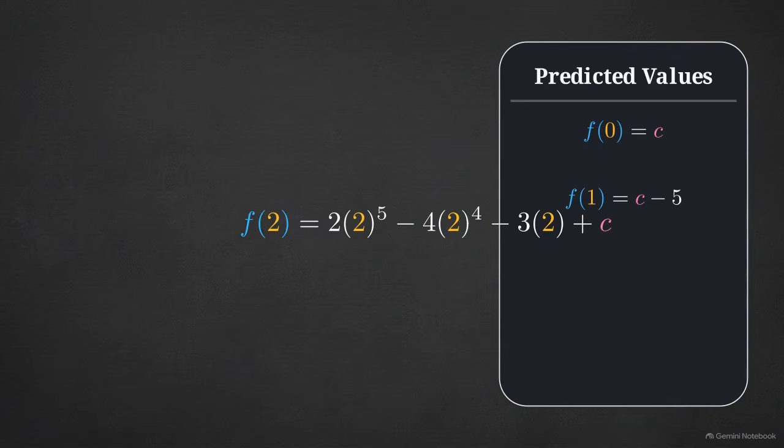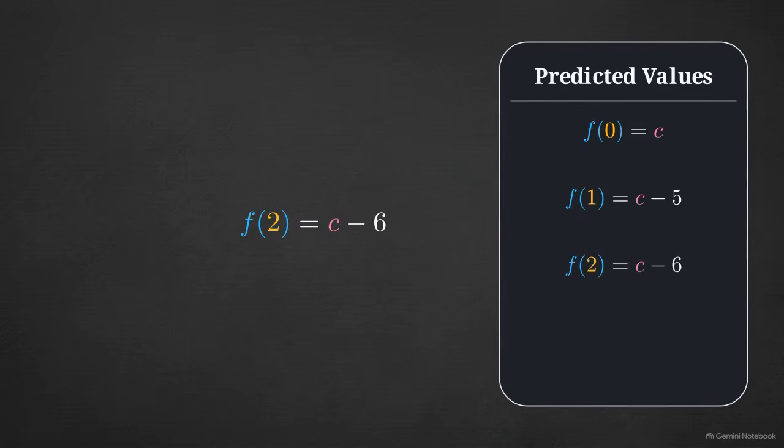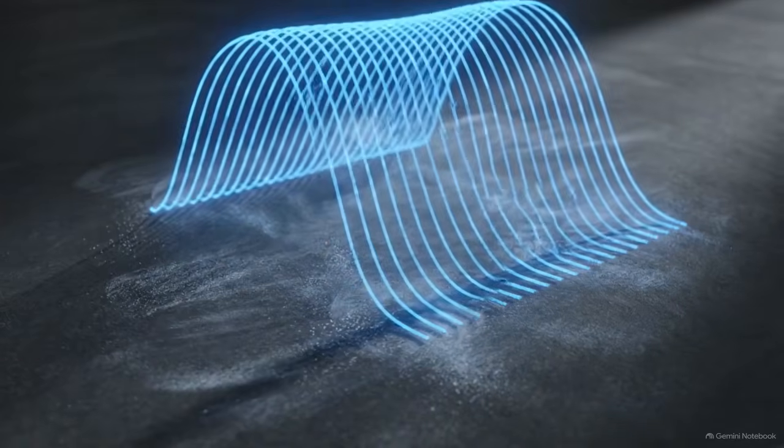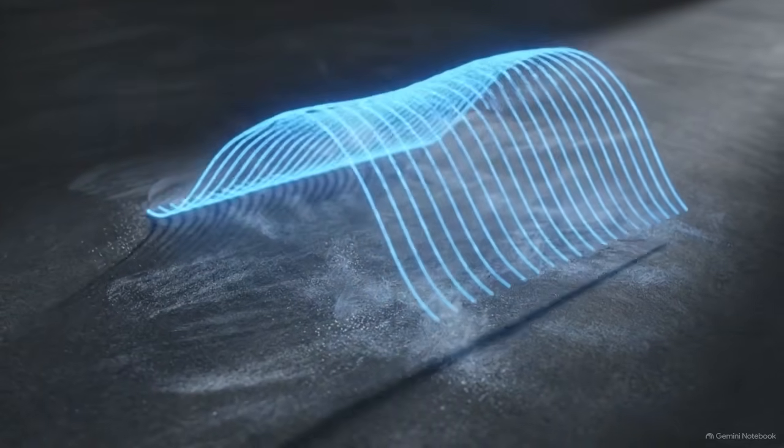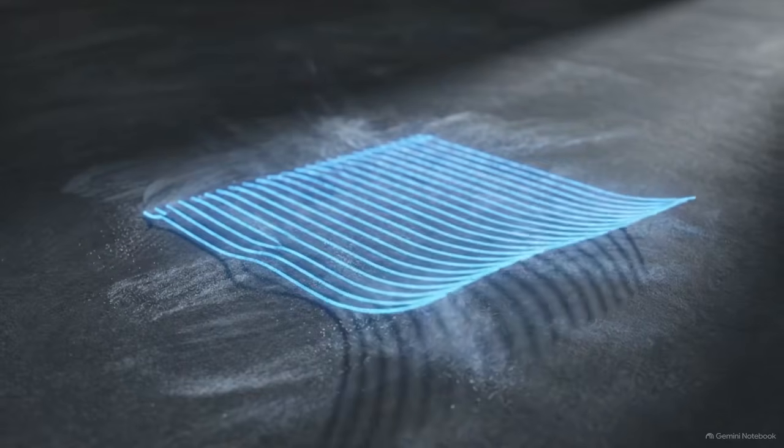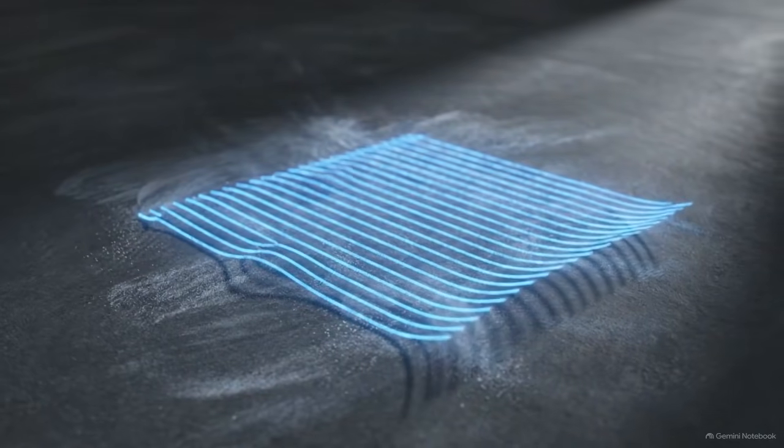When we input 2, the large powers cancel each other out, 64 minus 64, simplifying the entire expression into c minus 6. As we input larger data points, the massive exponents generate huge integers that violently offset each other. For our final point at x equals 3, the resulting integers reduce all the way down to a compact expression of c plus 153. By feeding real-world constraints into an abstract system, we collapse fifth-degree complexity into 4 simple, linear expressions of our unknown parameter.